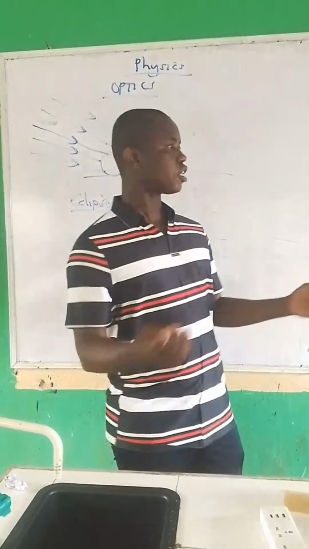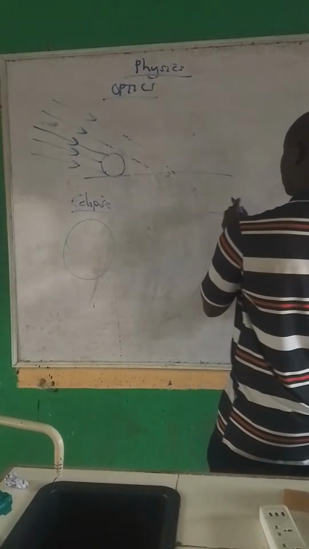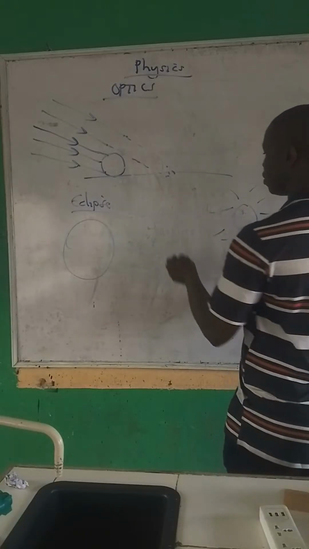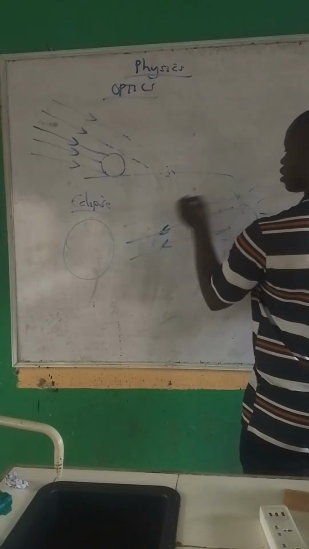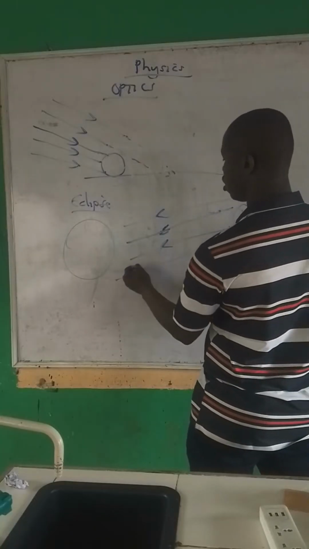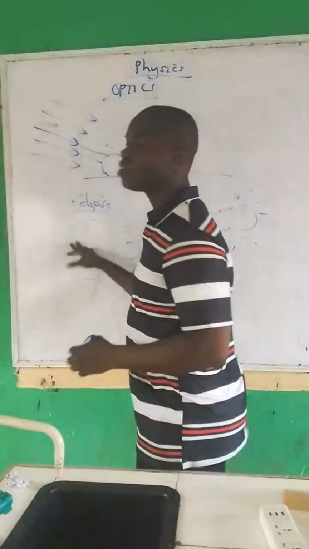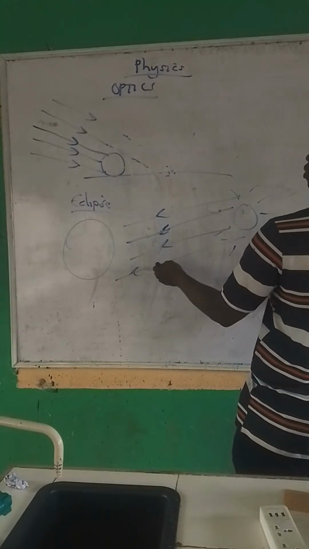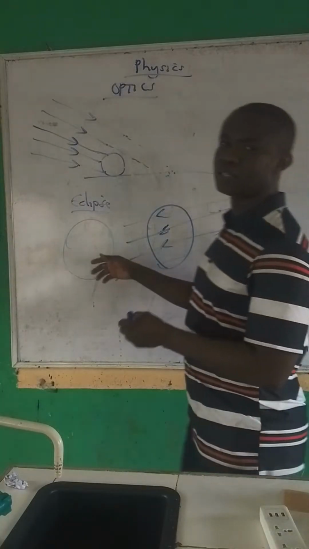For example, let's say this is a planetary body that is receiving light from maybe the sun or the moon, as the case may be. The light ray is moving towards the planet. So this place is getting a supply of light. All of a sudden, another planet comes and moves in the path of the traveling light to that other planet.